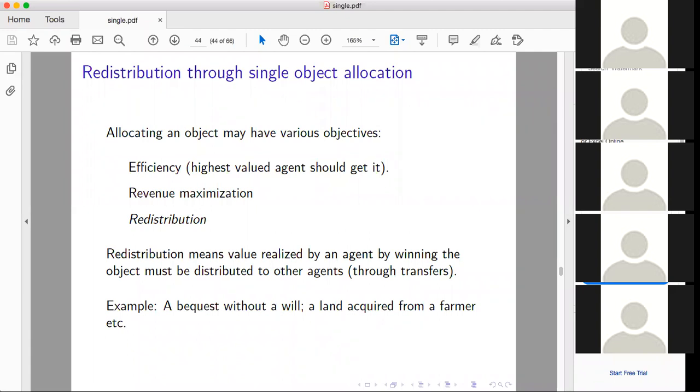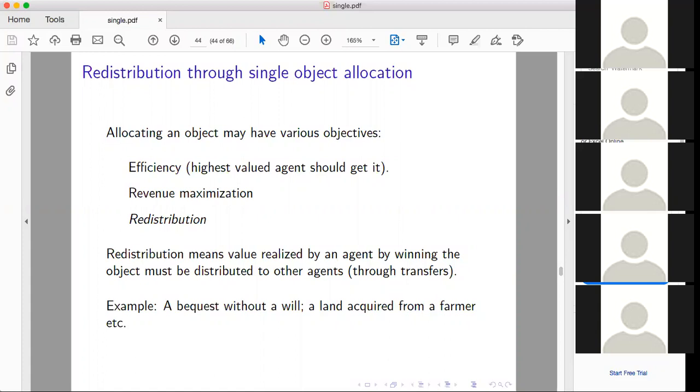If you cared about redistribution, there must be a way to redistribute the value that the highest valued agent gets amongst all the agents. And of course, this has to be done in an incentive compatible way. So if you said, whatever revenue the seller is getting from the Vickrey auction, why doesn't it equally distribute amongst all the other agents?